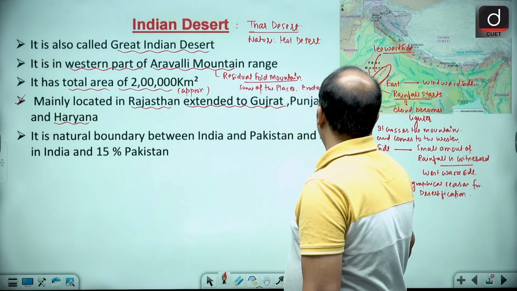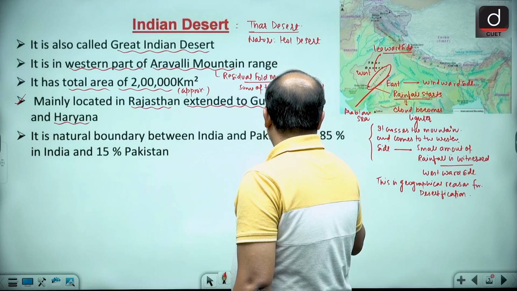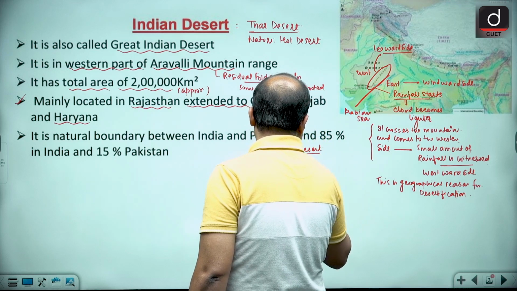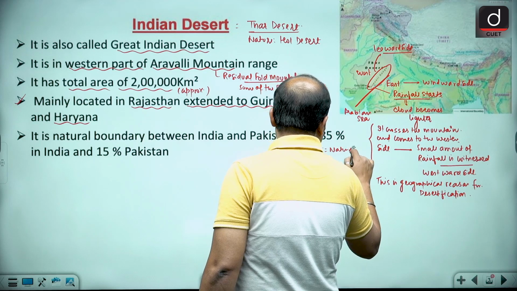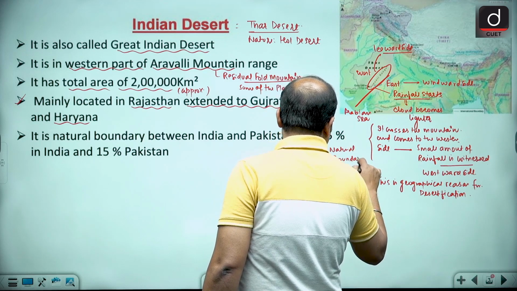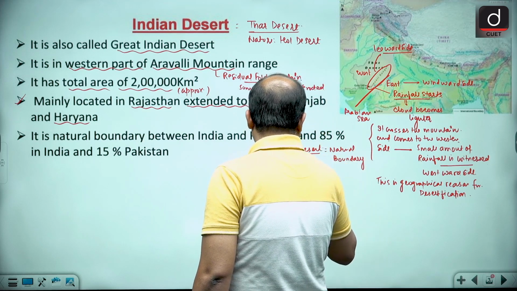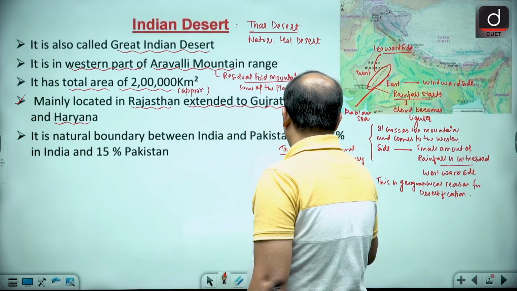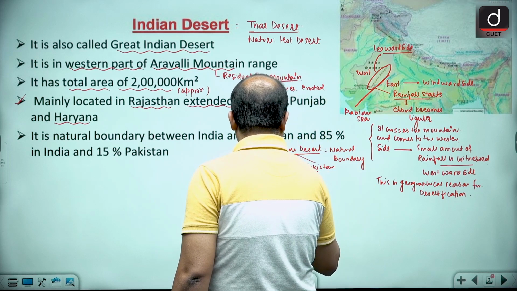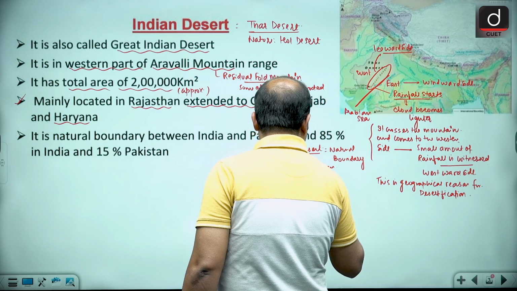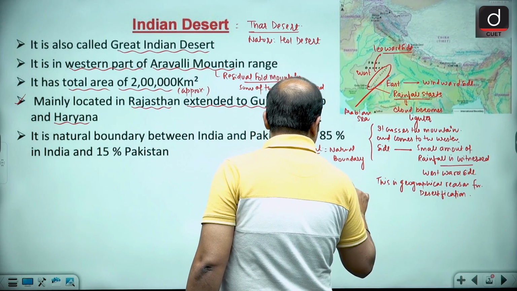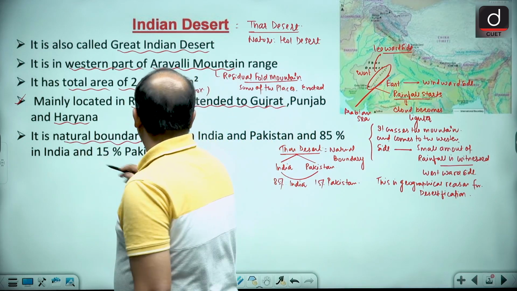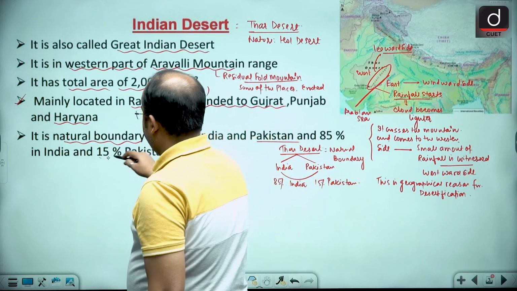So as I have told you, this Thar desert acts as a natural boundary between India and Pakistan, with 85% located in India and 15% in Pakistan.